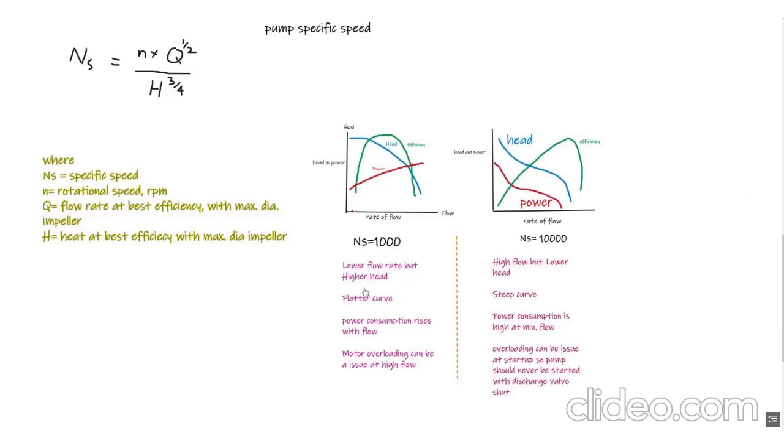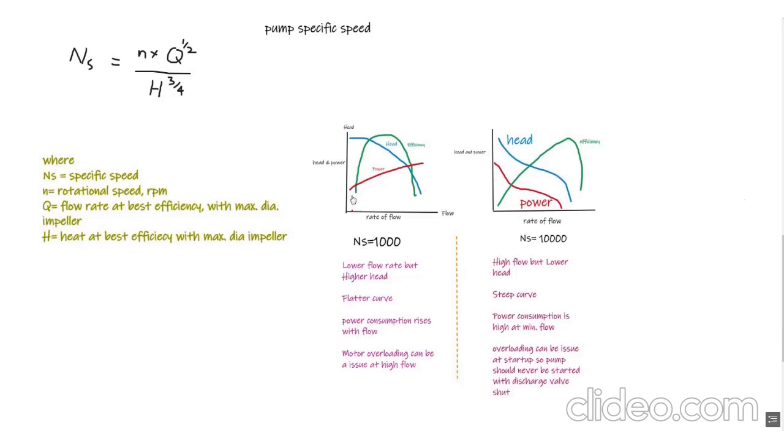Similarly, low specific speed pumps have a flat head capacity curve, whereas in the high specific speed pumps, the head capacity curve is more steep.